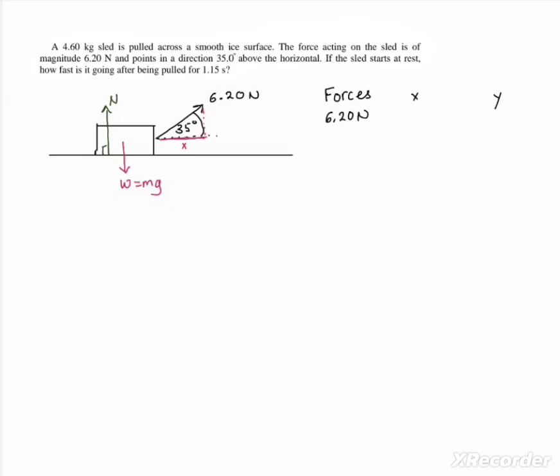And as you can see, that is the cosine component. So that would be 6.2 cosine of 35 degrees. And it's positive because it's in the first quadrant. And the y component, this part right here, would be 6.2 sine of 35 degrees.